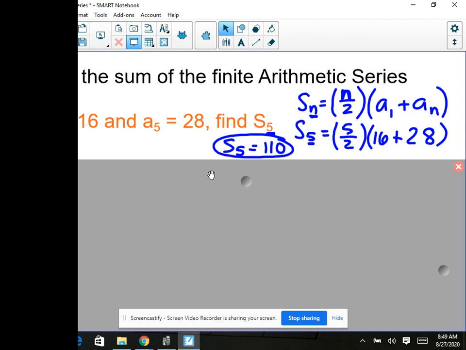Nothing is stopping you from using common sense. Does a formula make it easier? Absolutely. Less work. But if you don't know that during a test, then you can say, well, I'll just find the other terms that are missing. 3 terms missing in there, and then just add them together, and you're done.